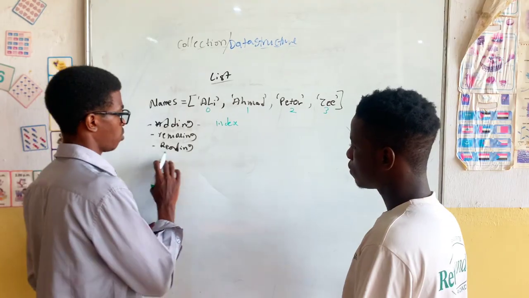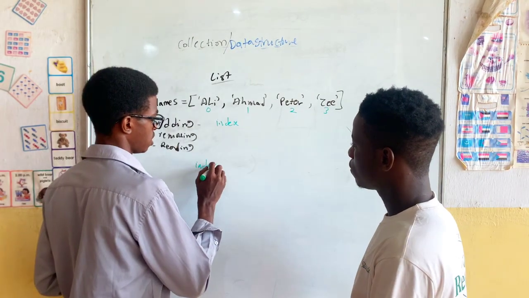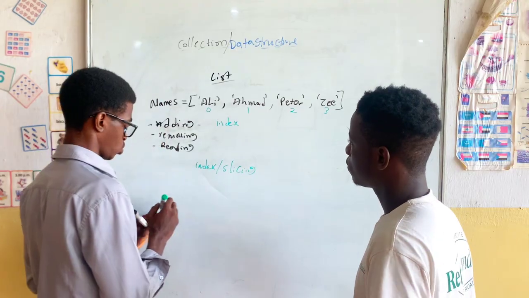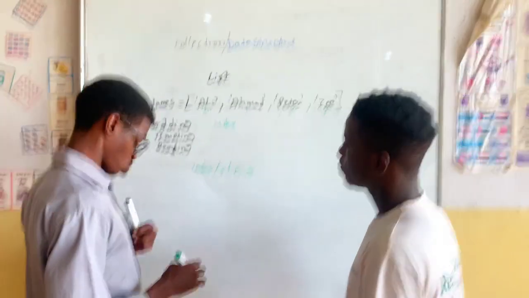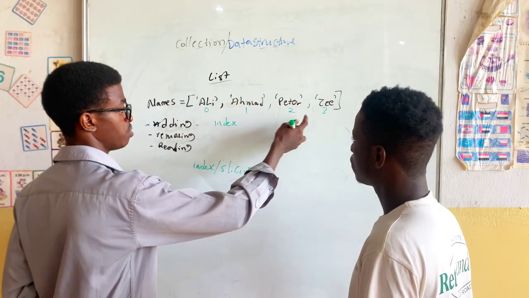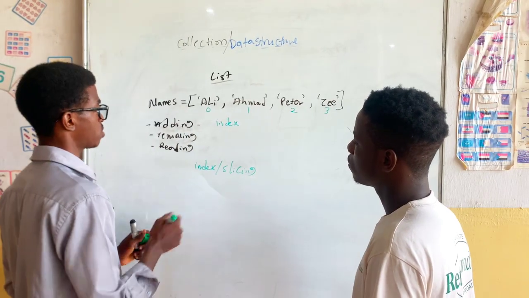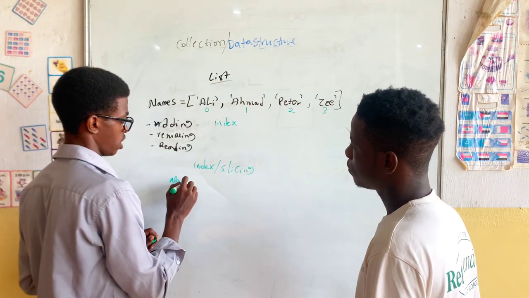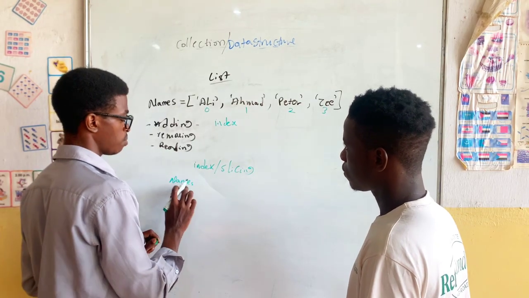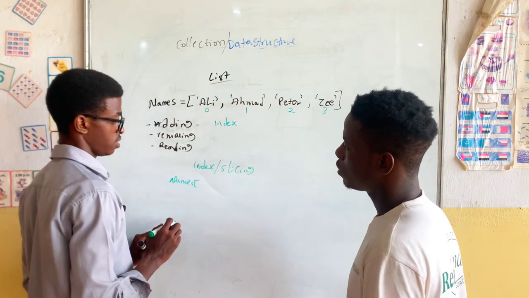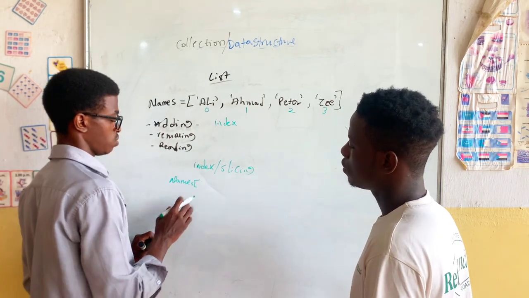So now moving on, we have what is called indexing. Now we're going to discuss indexing and slicing. Inside our basket, we want to access a specific element, Ali, Ahmad, Peter, or Z. To do that, first we call the name of the list, that collection, names. Then in front of it, we put a square bracket, no dot, a square bracket.